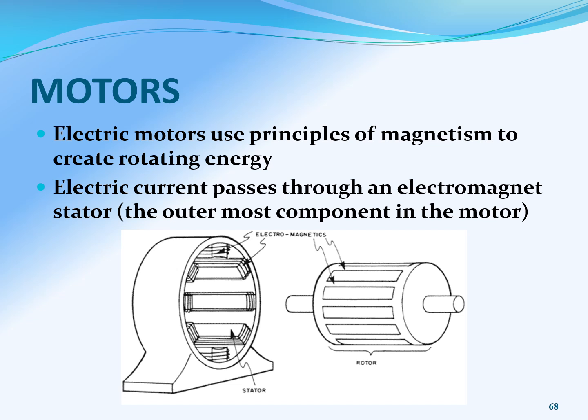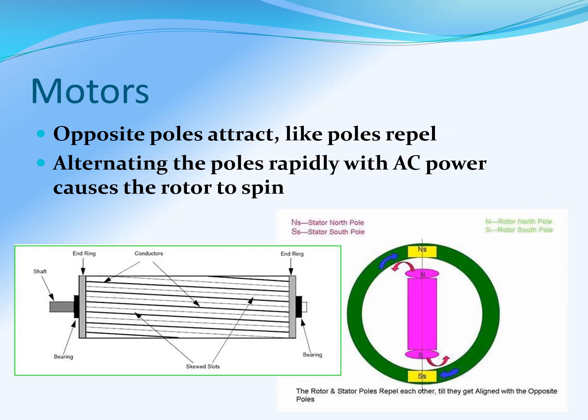And as those chase each other, they get the rotor to start to turn inside of the motor. It's just this electric current that's constantly chasing the other phases and creating this rotation. Another way of looking at it is that one pole is trying to repel the other pole.